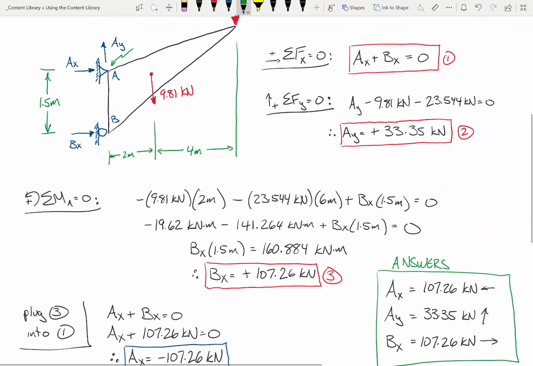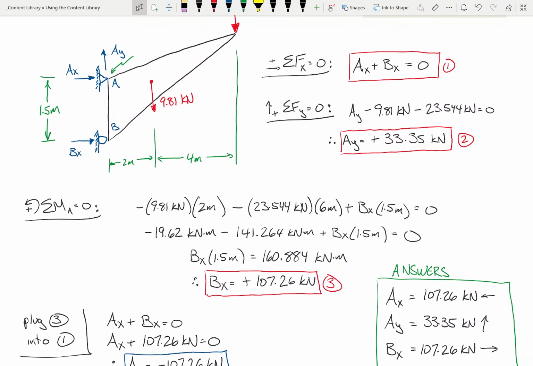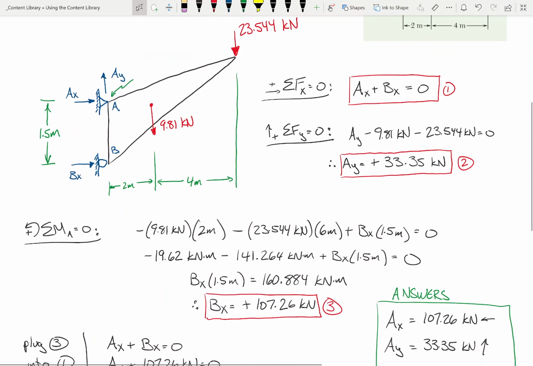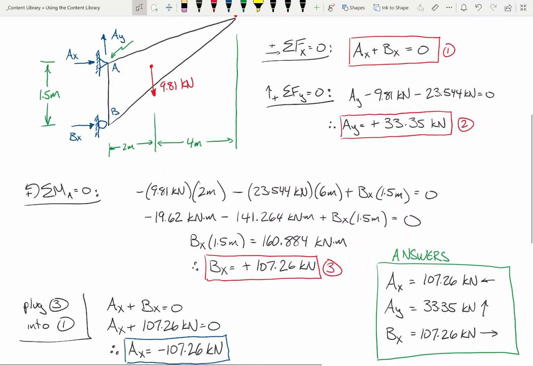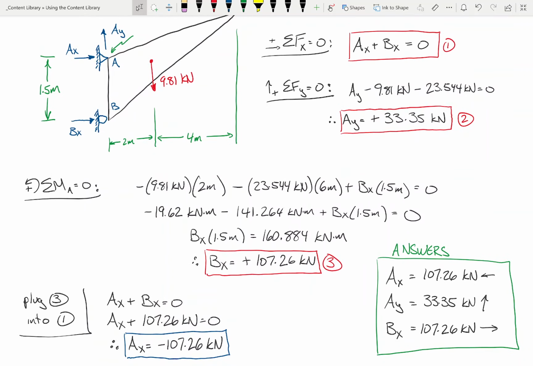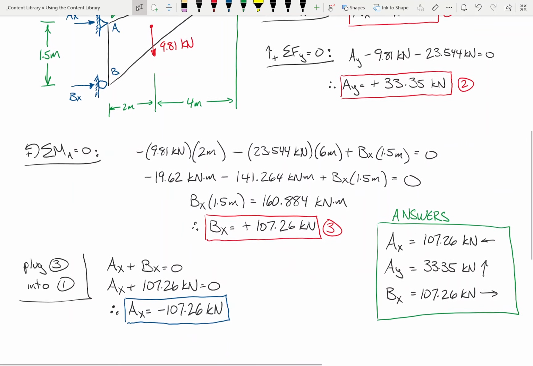If you follow the structure, what you see is that if you're looking, for example, at point A, the 9.81 kilonewtons and the 23.544 kilonewtons, those are both causing sort of a clockwise rotation at point A. So we need something to act against that. And so this AX and this BX, equal magnitude, opposite direction forces, are sort of causing a counterclockwise rotation to bring the structure back into equilibrium. So that's why we have that going on here with this problem.